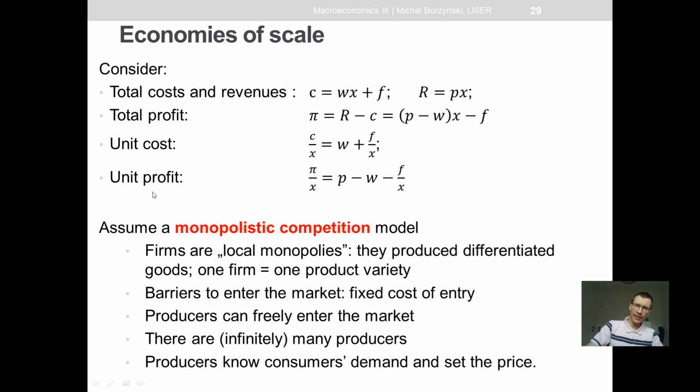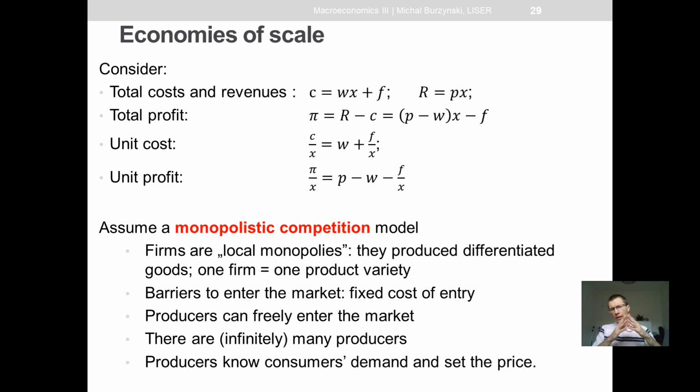And the last thing that we assume about the monopolistic competition model is that firms are indeed monopolies, local monopolies, in the sense that they observe individual demand functions. They know what is the relation between the quantity of the good that they are selling and the price of the good that they can sell.